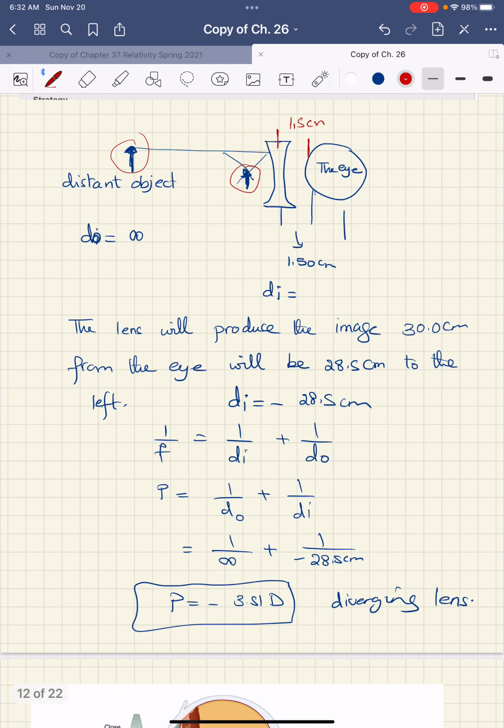We say 1 over f equals 1 over di plus 1 over do, and the distant object is at infinity, so 1 over infinity plus 1 over di gives you negative 3.51. And that is, of course, reasonable, since it is a divergent lens, so it should have a negative power.